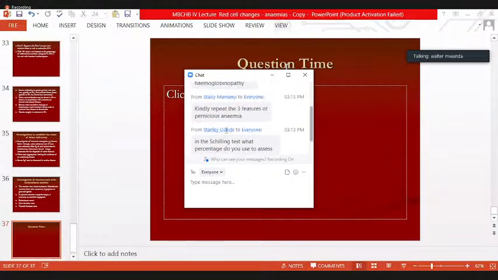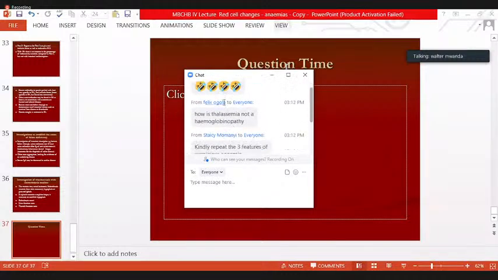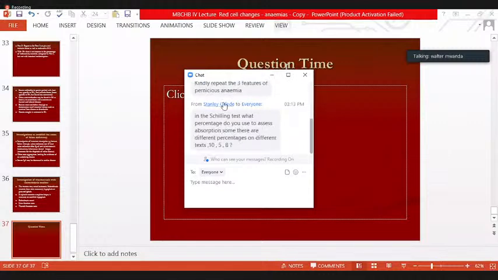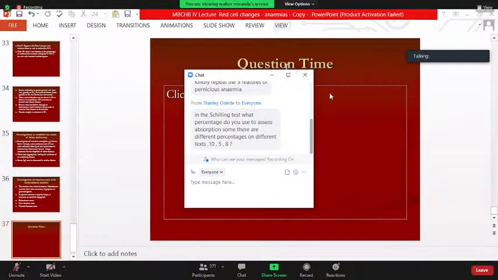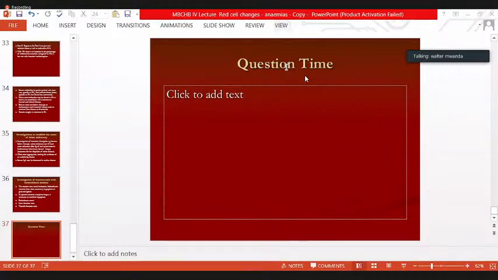How do you differentiate pernicious anemia from megaloblastic anemia? Pernicious anemia is a form of megaloblastic anemia which is characterized by the presence of subacute combined degeneration of the spinal cord, achlorhydria, chronic gastritis, or atrophic gastritis.